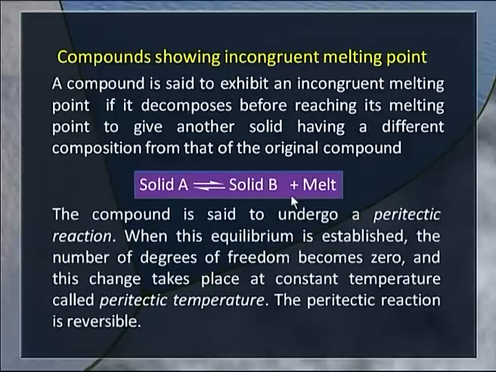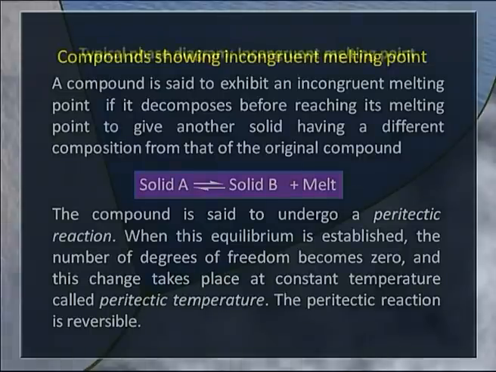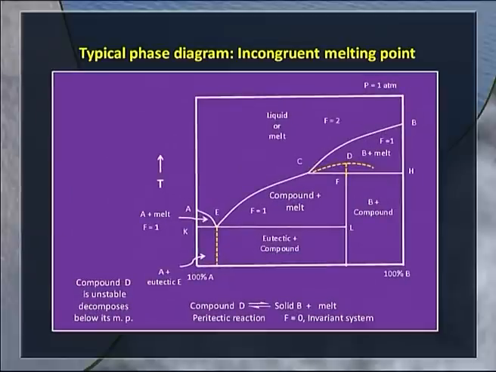A compound which is undergoing such a decomposition is said to undergo a peritectic reaction, and when the peritectic equilibrium is established, you can clearly see 1, 2 and 3 phases are together, which makes the number of degrees of freedom 0 and ultimately gives us a diagram which is different from the diagram that you saw in the earlier case.